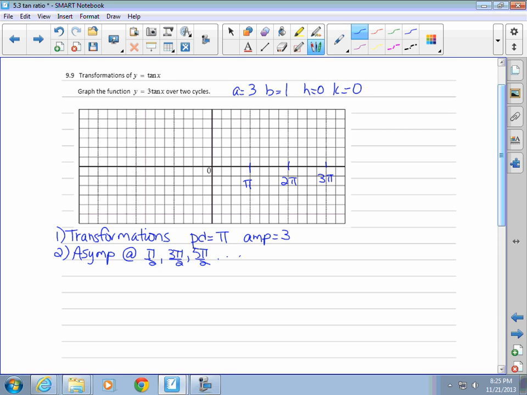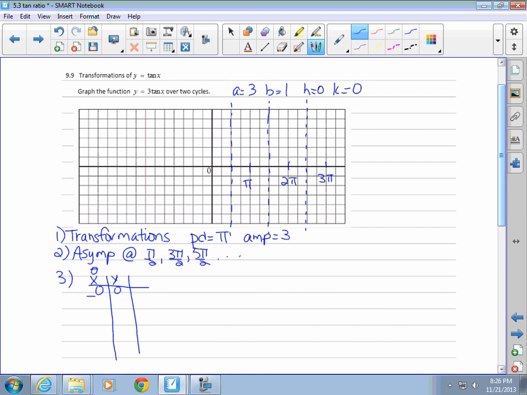So my asymptotes then are at every pi over 2. So I have one asymptote here. The next one's going to be halfway in between there, and then the next one will be there. So now my amplitude, to take care of that. In my original, when I had x, or theta, whatever you want to call it, and then my y, when x was 0, this was 0.